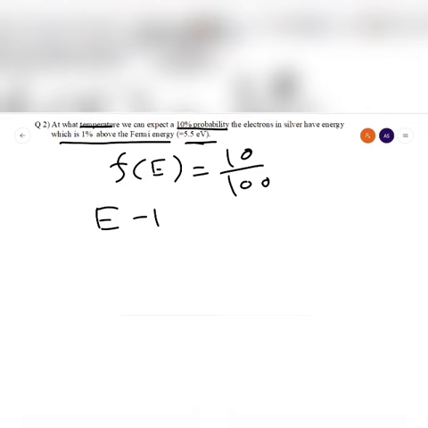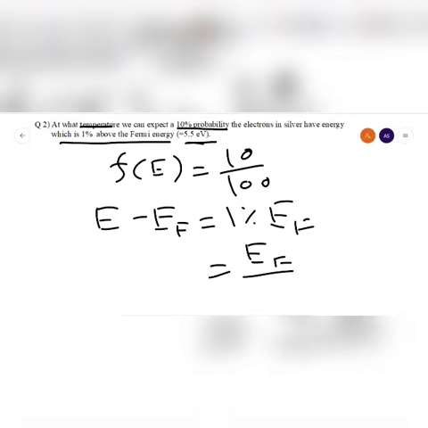It means that the Fermi function or occupation number is given as 10%, and 1% above the Fermi energy. It means that E minus EF is equal to 1% of EF, that is EF divided by 100.